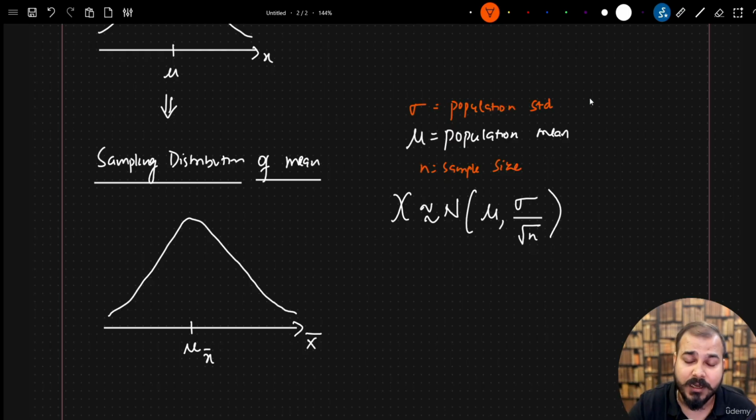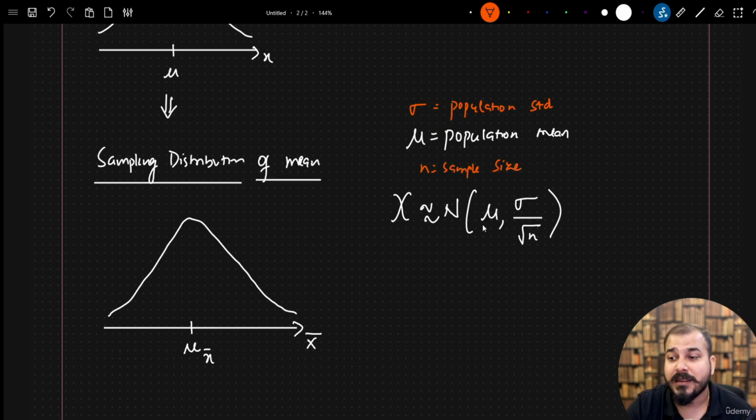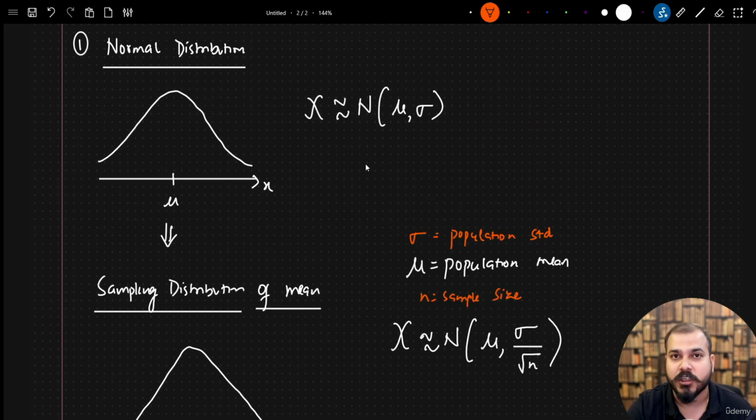So this is what the central limit theorem also says: whenever you pick a sampling distribution of the mean from population data which is normally distributed, the new mean will be approximately equal to the population mean, but your standard deviation will be the population standard deviation divided by root n. So these are the specific changes that happen whenever we take a sampling distribution of the mean from normally distributed data.